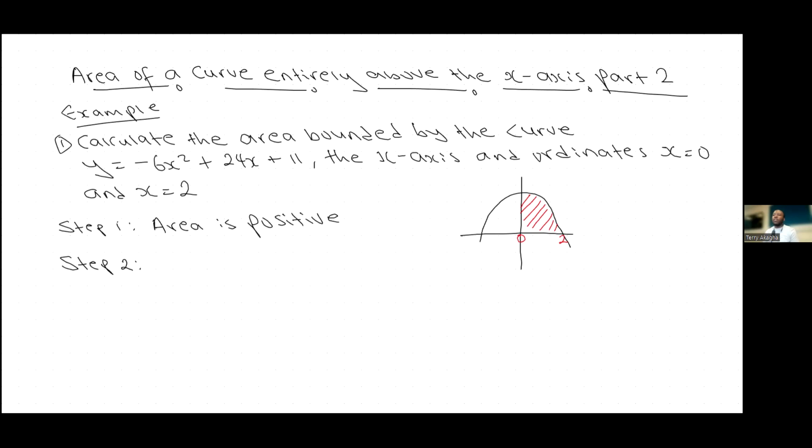So we're going to integrate y between 2 and 0, which is minus 6x squared plus 24x plus 11.